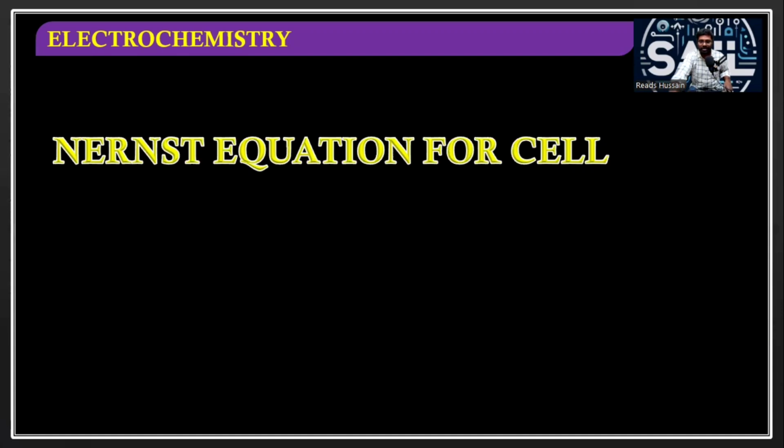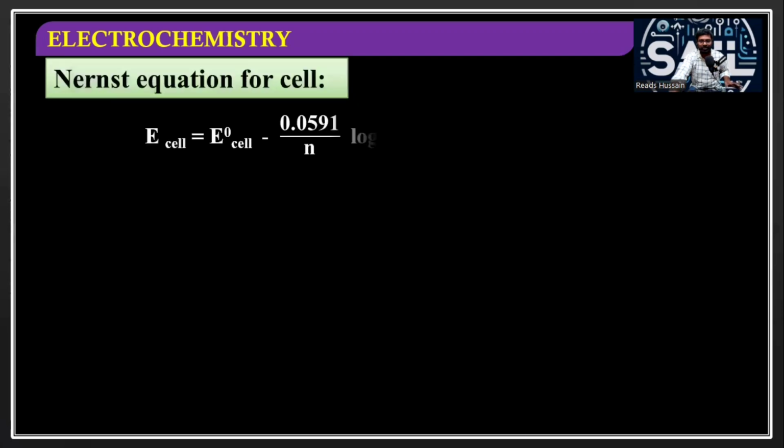Now, the Nernst equation for a cell. The complete cell. So, this is the formula we already know. Once again, note down the Nernst equation for the cell. Please note down: electrode potential of the cell. Whatever I am saying, you also say in your mind.